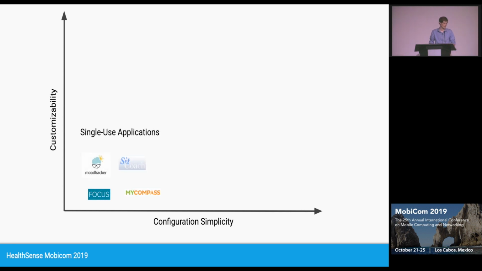In the lower left-hand corner, you have single-use applications. These are applications that are built for a single hypothesis and a single trial design type. At the lower right-hand corner, we have some recording technologies. These are high in configuration simplicity because they're built by established tech companies with very easy-to-use interfaces, but they're low in customizability because they can only be used for association trials.